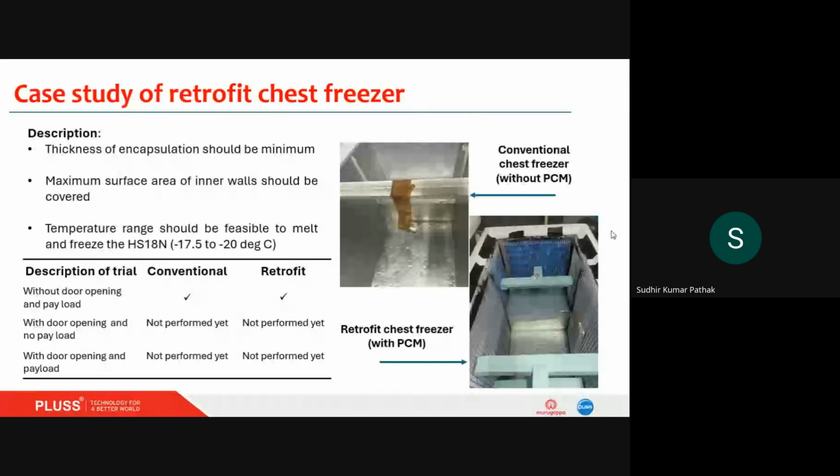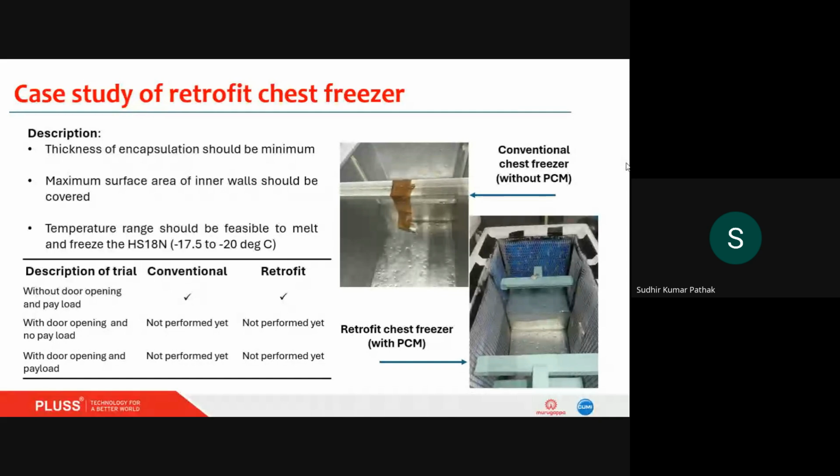So to check the integrity or validation of this project, at Plus we have conducted a case study. We conducted an experiment where we placed the phase change material in the form of pouches at the inner walls of the chest freezer.